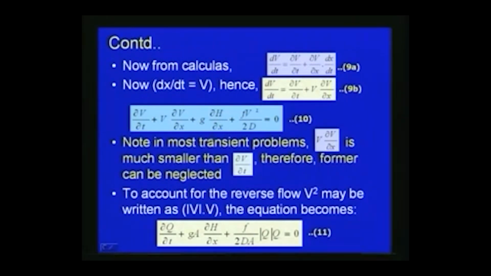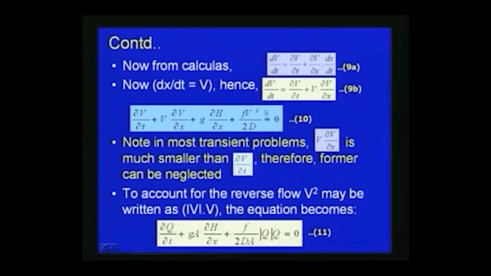Here you can see that in most of the transient problems, this v into del V by del X is much smaller than the local acceleration del V by del T. Therefore, we can neglect this term. If we neglect this term and account for the reverse flow, v square we can represent by writing modulus v into v, and then transforming Q is equal to A into v.